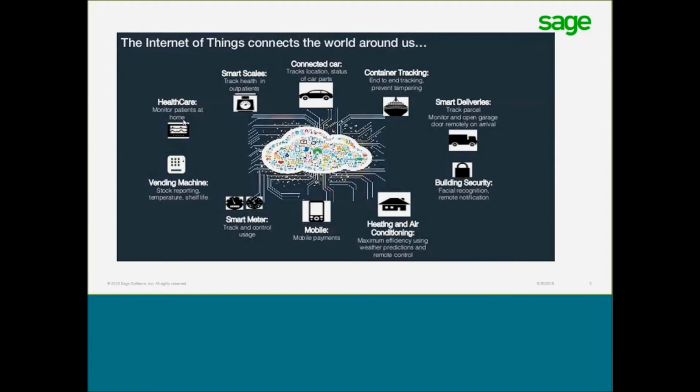Examples are improving the production of a factory, giving city residents real-time updates on where to park, being able to monitor personal health. So patients at home, especially the elderly, there is the opportunity to monitor their health and to respond in real time if there are serious situations that require health care.